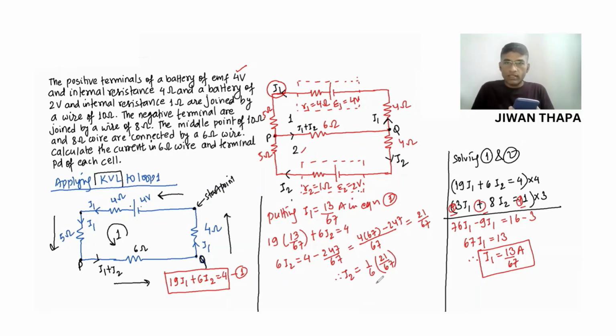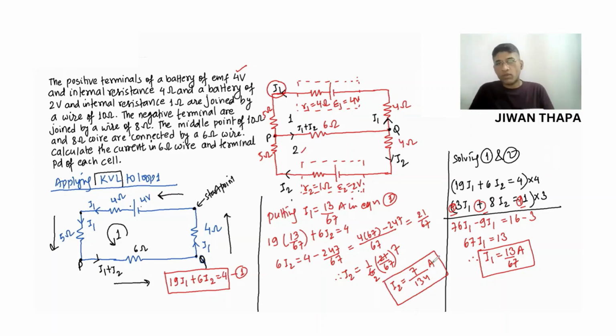So what we get? So I2 is 7 by 134 ampere. So we get this.